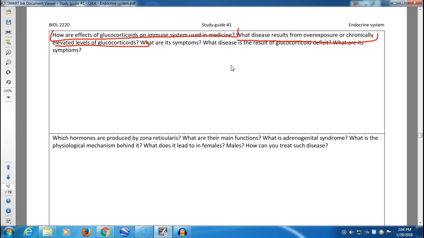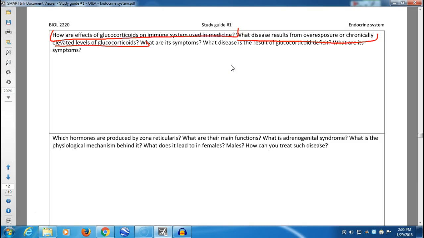Adrenogenital syndrome, please. I just love this regulatory moment, so please know this. What does adrenogenital syndrome start with? The patients don't have cortisol at all.